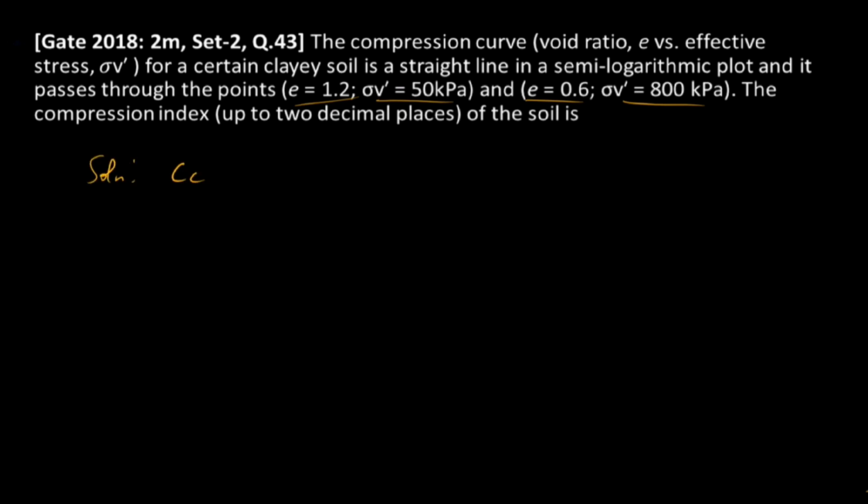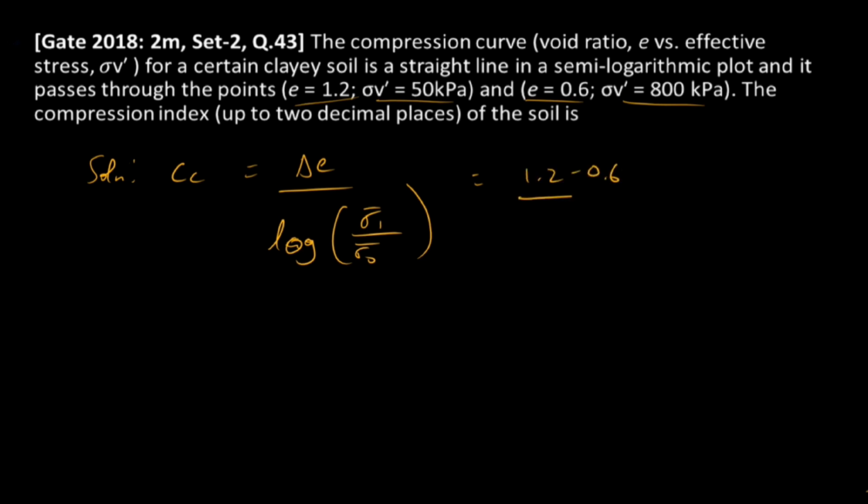Solution: compression index Cc will be equal to delta E divided by log of sigma 1 dash divided by sigma naught dash, which is, delta E is nothing but 1.2 minus 0.6, divided by log of 800 to 50, which gives 0.6 divided by log of 16.